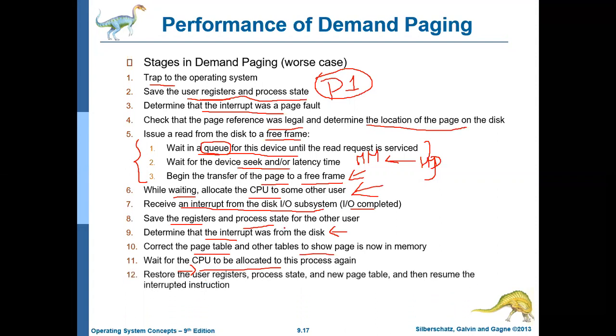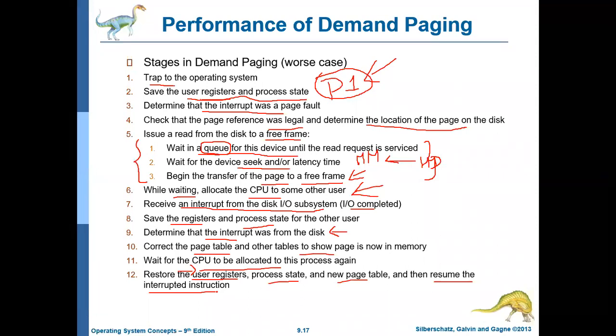When this process gets its turn, then restore the registers, process state and the page table corresponding to this particular process, and resume the interrupted instruction. Which instruction caused the interrupt?